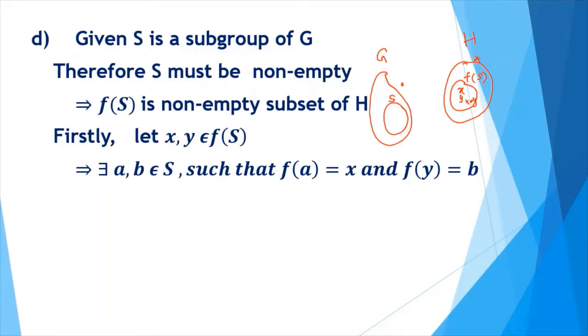If x exists here, correspondingly you will have an element A in S such that f of A is equal to x. Similarly, you will have an element B in S which maps to y.